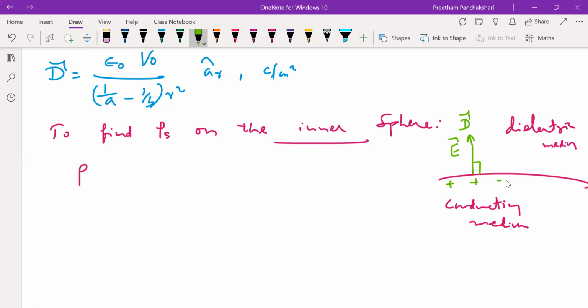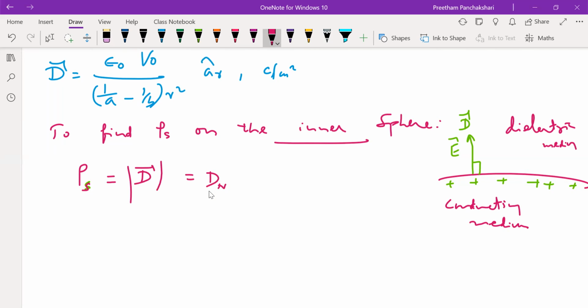The conducting surface is having charge, and rho S is given by the magnitude of D. D is normal.